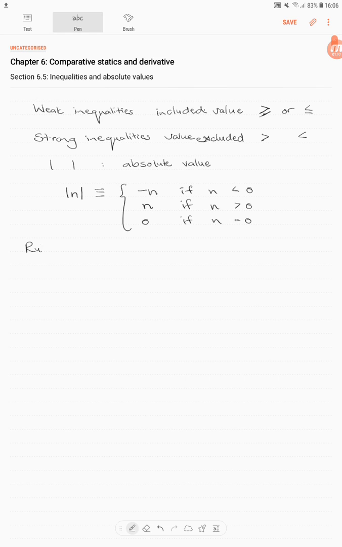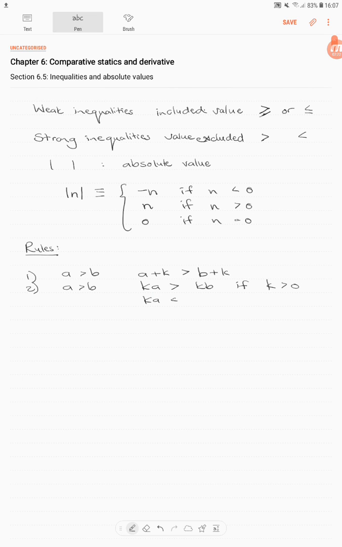So what are the rules of inequalities? First, if a is larger than b, a plus k will also be larger than b plus k. If a is larger than b and we multiply, ka will be larger than kb if and only if k is larger than 0.